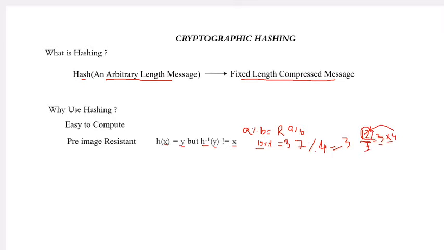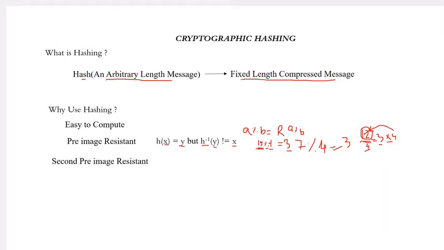But in this case, you will be getting options like say 27, 7, 4, 15, so many options. If you know 4, if you know the modulus operator has been used, and if you know this answer 3, you will not be able to definitely find out this 15.